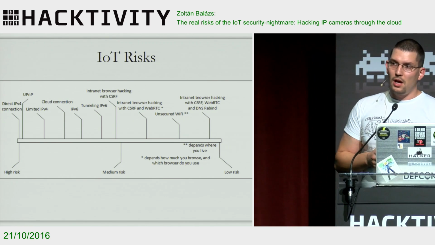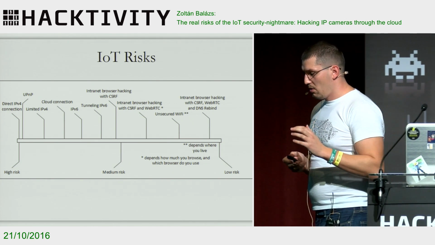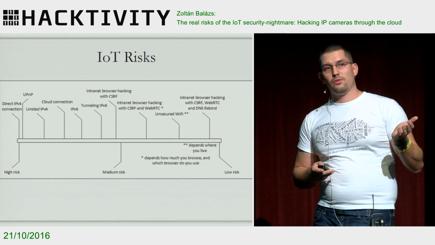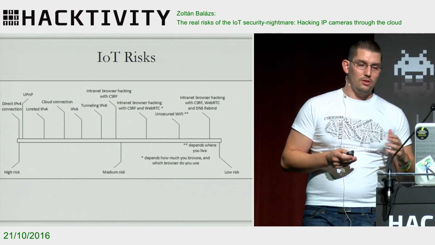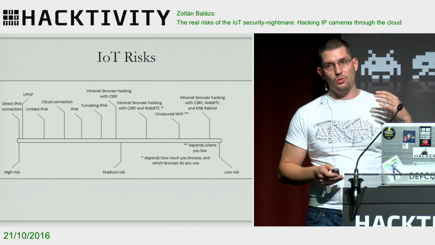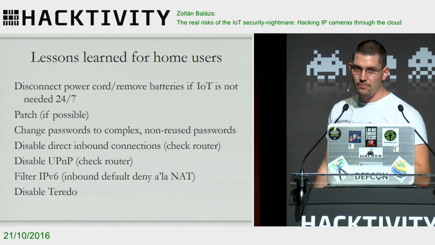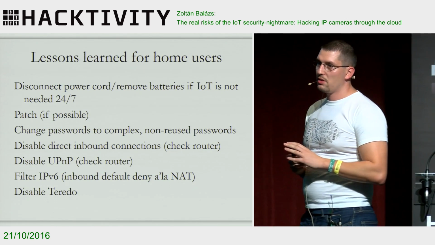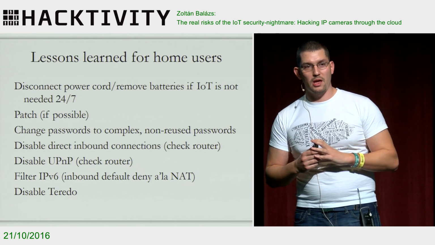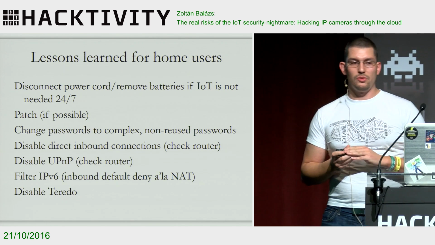And I think what you can do is that if you follow most of my recommendations, which I will collect during the following slides, you can reduce the risks of your home network. For example, my IP camera is disconnected from the power cord whenever I am at home, and I only turn it on when I leave the house.